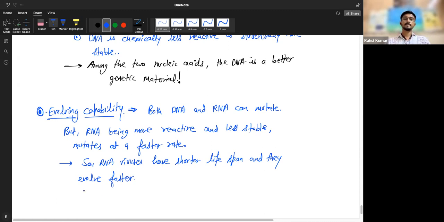Okay. So in evolving capability, or in mutating capability, RNAs are better. They mutate faster.